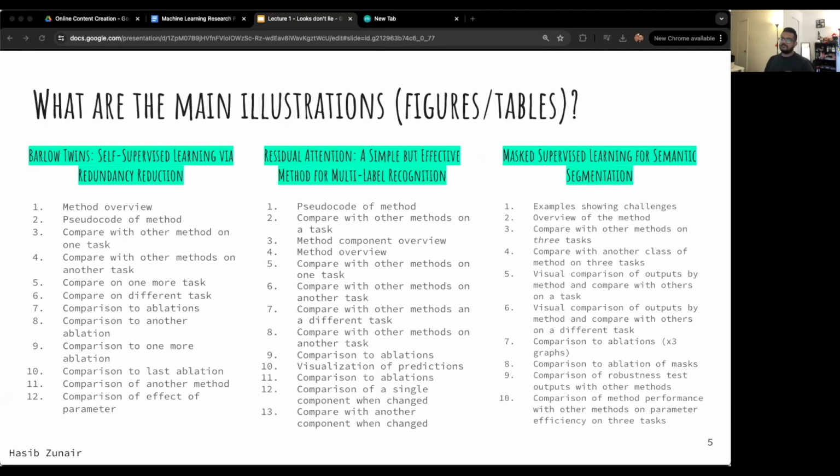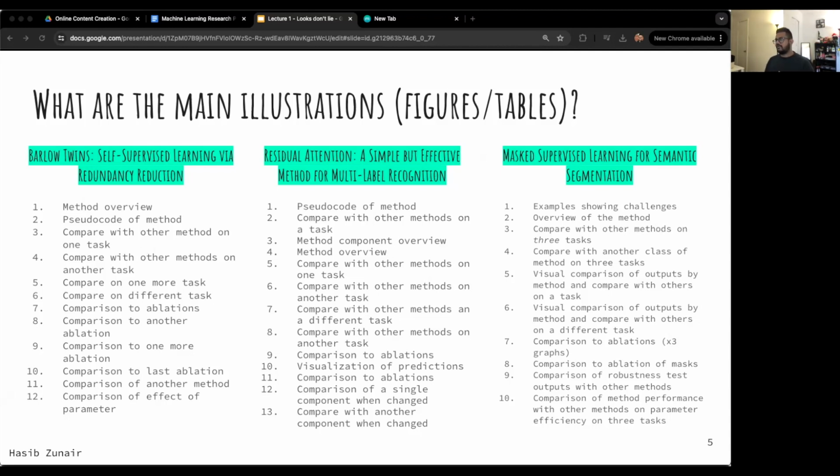What are the main illustrations, like figures or tables? So for the first paper, they start off with a method overview, which gives an idea of the entire method in a single figure with the different components and how they work. They also have the pseudocode and then the comparison with other methods on one task.